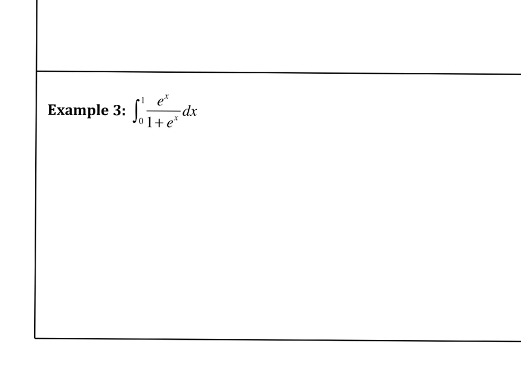Ooh, a definite integral. Fancy. All right, so that's not going to change how we begin the problem, right? We still need to get the correct antiderivative. And so now we see a couple things happening. Do I see a function and its derivative somewhere? Yeah, I see an e to the x and its derivative, e to the x.